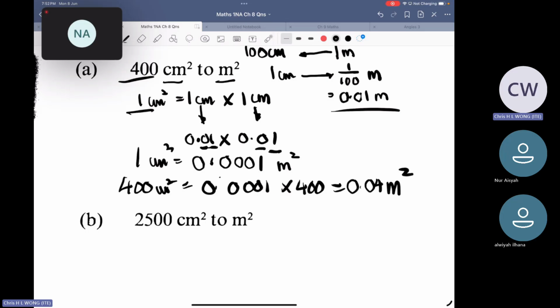Oh, very good, so fast. 0.25 meter square. Confirm?